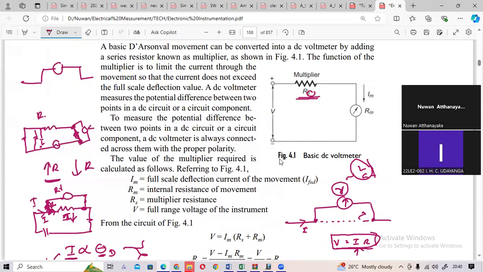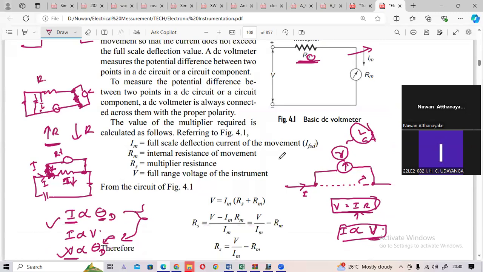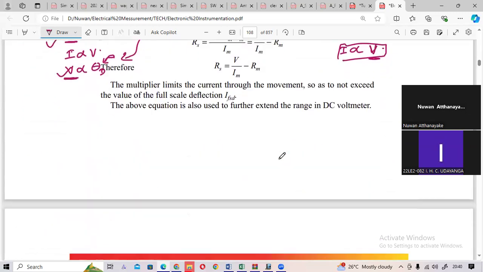If you connect a series resistance, the total resistance will be high. High resistance voltmeters are preferred, so we can simply connect a series resistance and use it as a voltmeter.